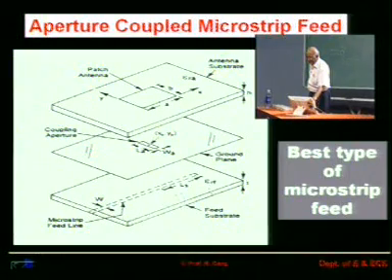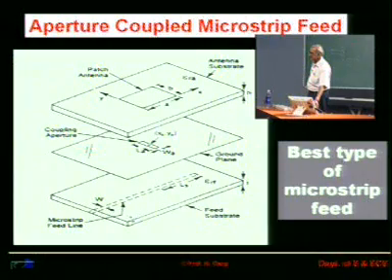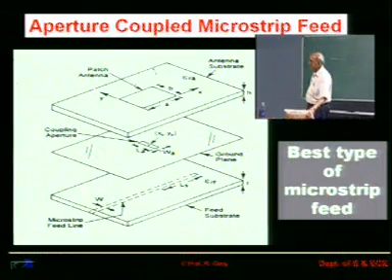But this substrate, which is for the feed part, you can choose the substrate parameters which are suitable for the circuit application and minimize the radiation from the feed part. So, this substrate you can use which is high dielectric constant and small thickness. So, independently you can optimize these two.